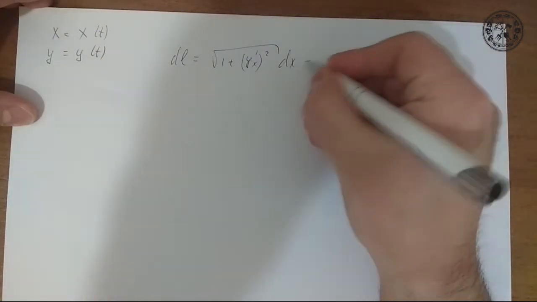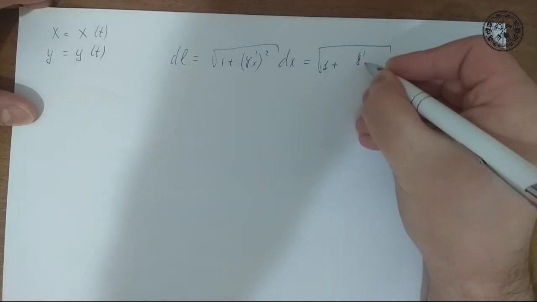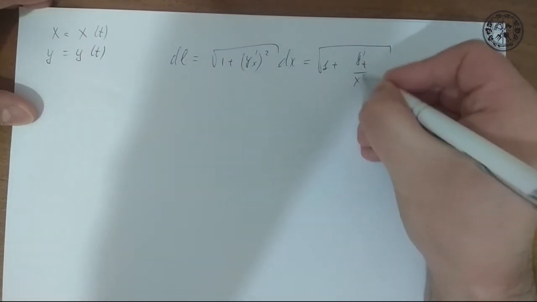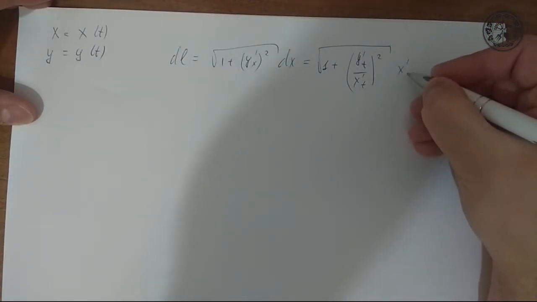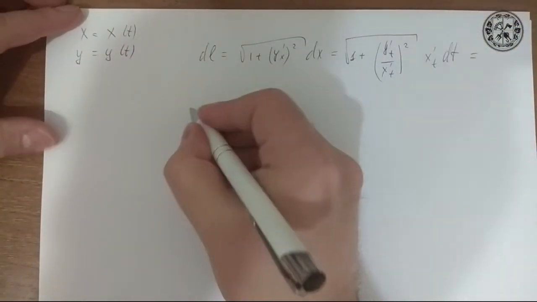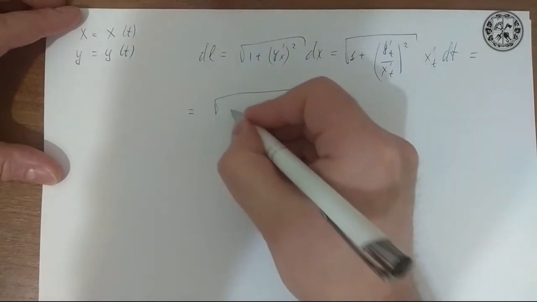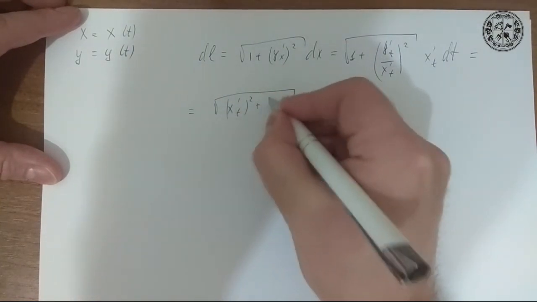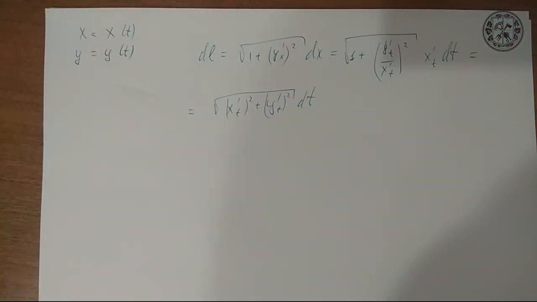So we will be getting square root of 1 plus y prime of t over x prime of t square, times x prime of t dt. And finally we get square root of x prime of t square plus y prime of t square dt, which will be the formula of differential of L of our curve for parametric form.